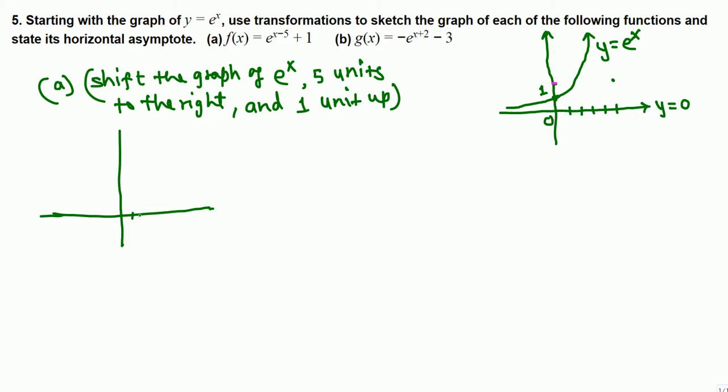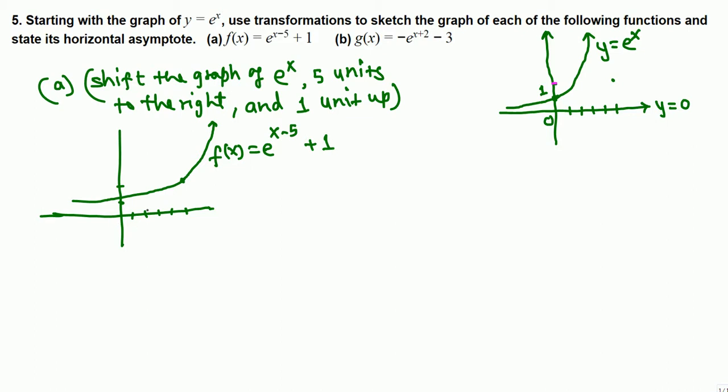So the graph will be like this. This should have the same shape, just shifted 5 to the right and 1 up. Now this is the graph of f(x) equals e raised to x minus 5, plus 1.